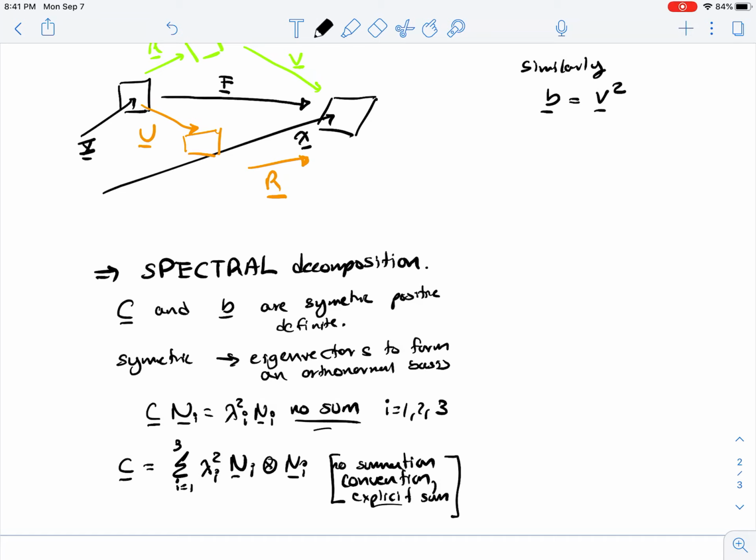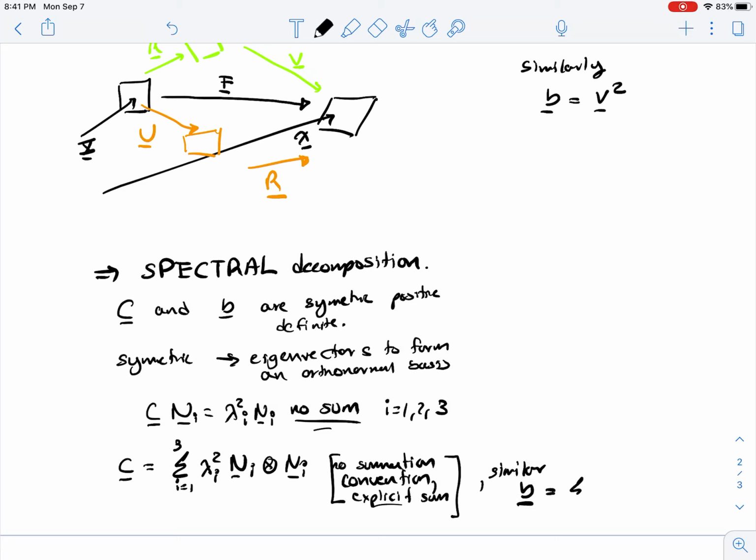So what this means is that if I can find the eigenvalues and eigenvectors of the tensor C, then I can write it as this very elegant sum of the eigenvalues times eigenvector dyadic eigenvector, where the eigenvectors I can choose to be an orthonormal basis. That's something beautiful that you should have done for your homework.